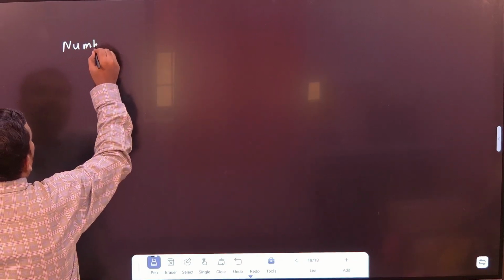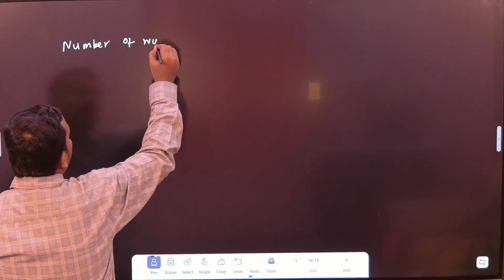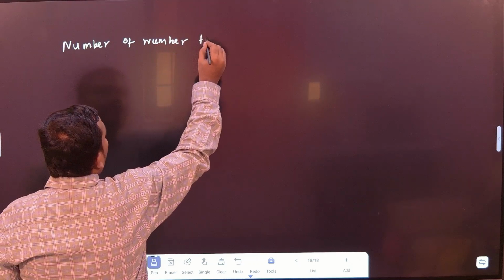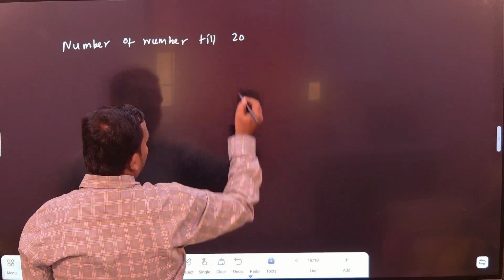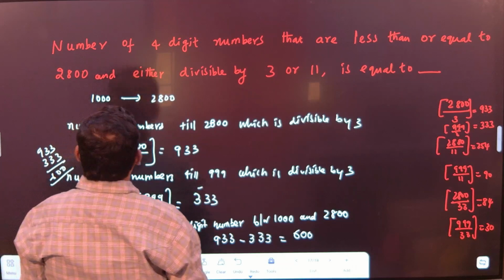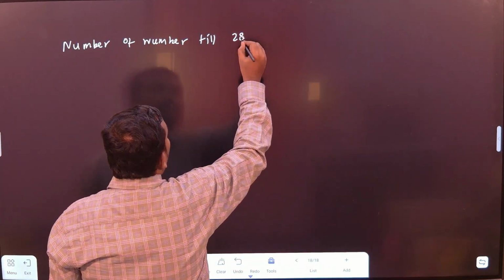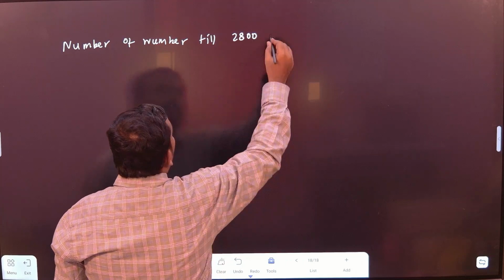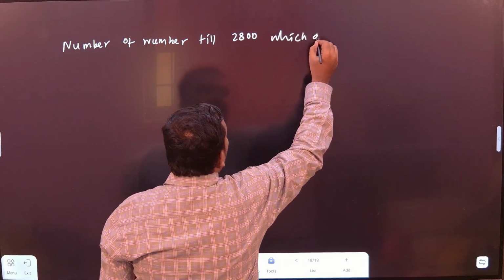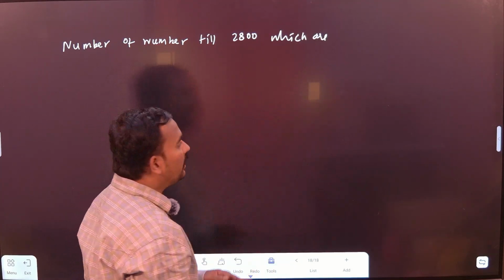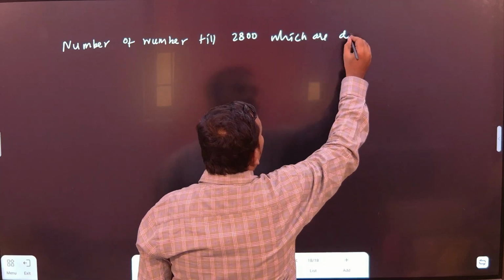Number of numbers till 2800, right? Which are divisible by 11, that means 1 to 2800 I am taking, right?